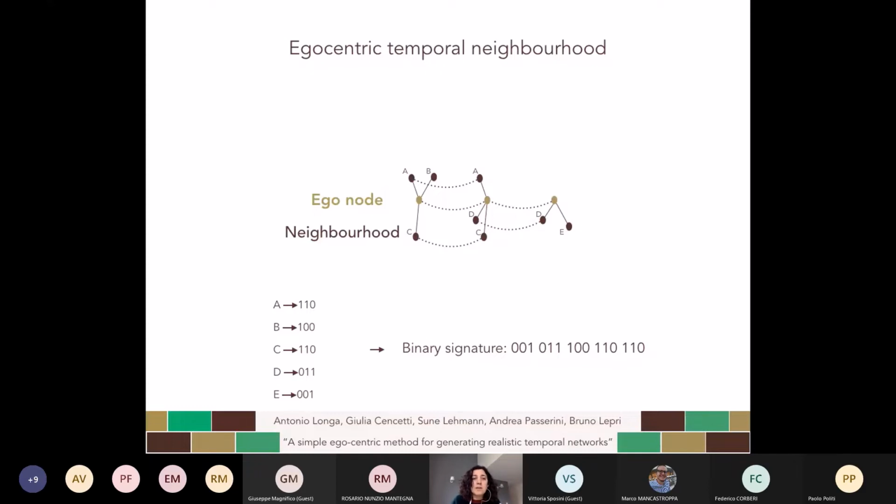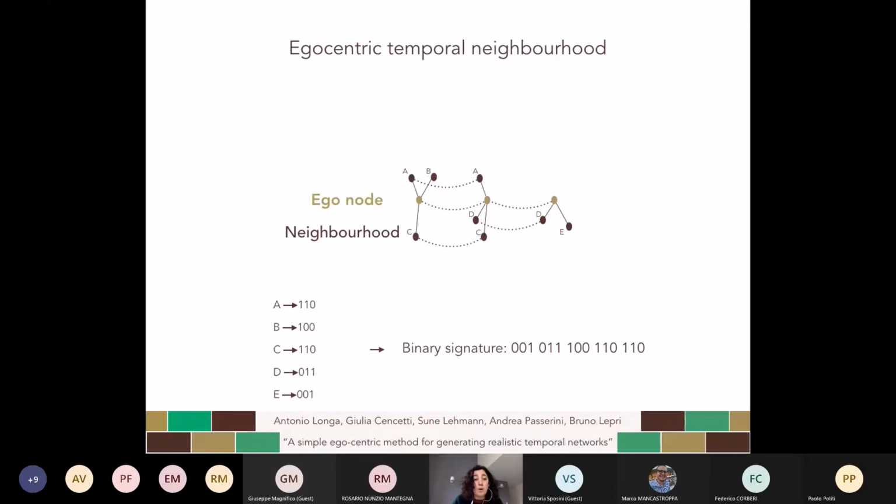And so this concept is so simple that we can encode each interaction of this ego node into a binary string. And so the entire egocentric temporal neighborhood can be univocally described by a binary signature.